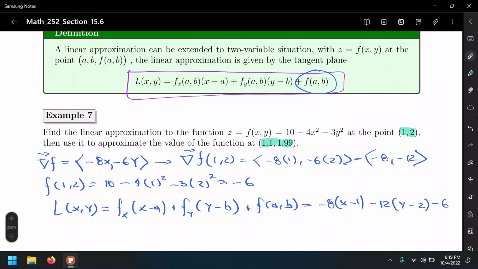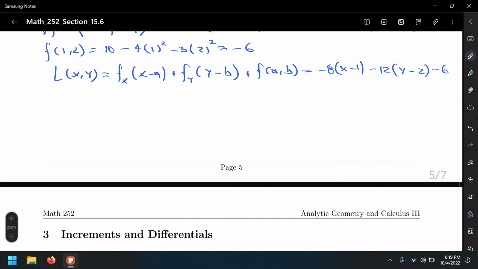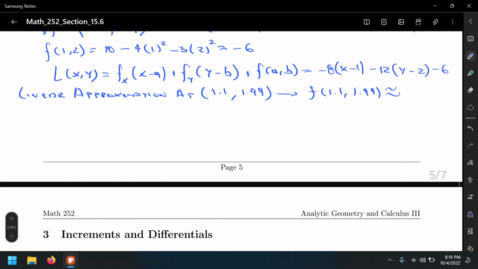So in this case, what we're going to do is say the linear approximation at (1.1, 1.99), that's the same as saying f(1.1, 1.99) is approximately L(1.1, 1.99).